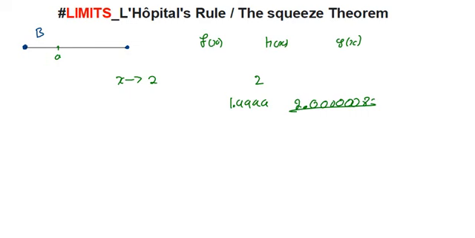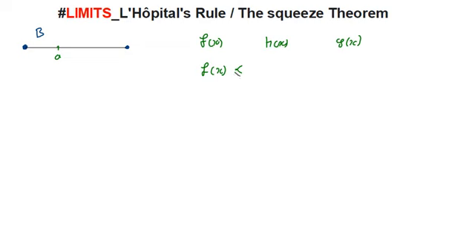So it's like you have a point within that interval, which is a. Then you have a value of x, and that value of x is not supposed to be at a itself. What happens is that if f of x, h of x, and g of x are within that interval, we have f of x less than or equal to h of x, which is also less than or equal to g of x.